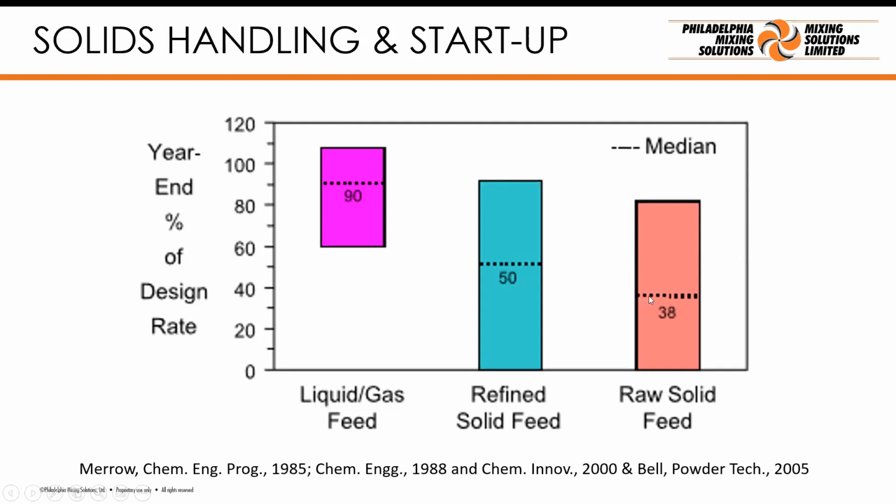And if we have a raw solid feed, which is an ore, we're digging something out of the ground and we have very little control over it, the median is 38% of nameplate. The best is about 80%, but in both the cases where there's solids, some of them haven't actually started up yet. So getting good basic data and understanding how to use it is really, really important in solid liquid processes.